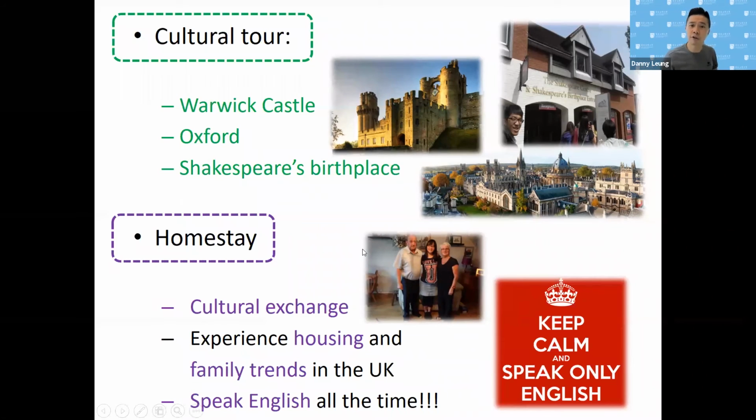And in order for us to make sure that you will speak English 24 hours a day, 7 days a week, all the time during this immersion program, you will be arranged to stay in a host family. In other words, you will be living with the British people. And that makes sure you can have this kind of cultural exchange with the British people, and you will know more about the houses, the housing, family trends in the UK.